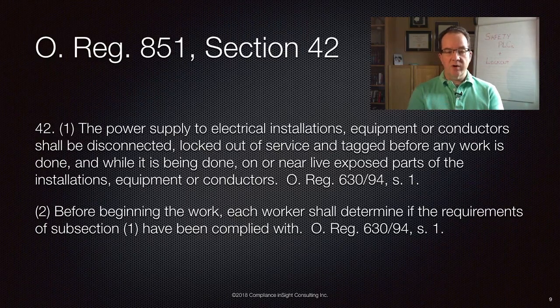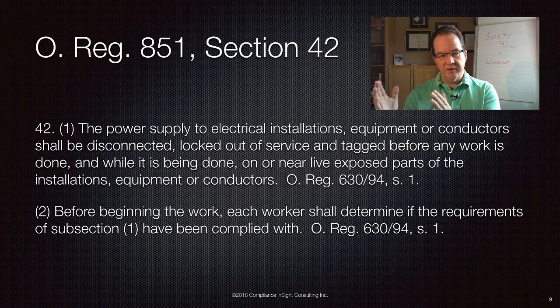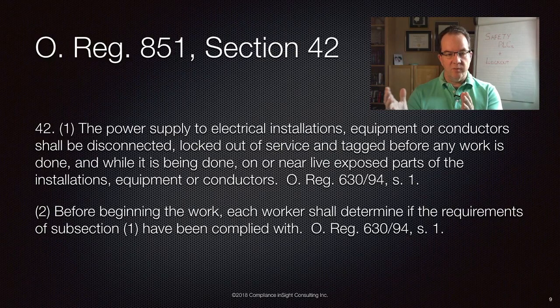Okay, so every worker is responsible for ensuring that lockout's been done correctly. And so they need to be able to go back and verify that the electrical equipment has been disconnected, locked out, and tagged before they do any work, and for the entire duration of time while that work is being done.